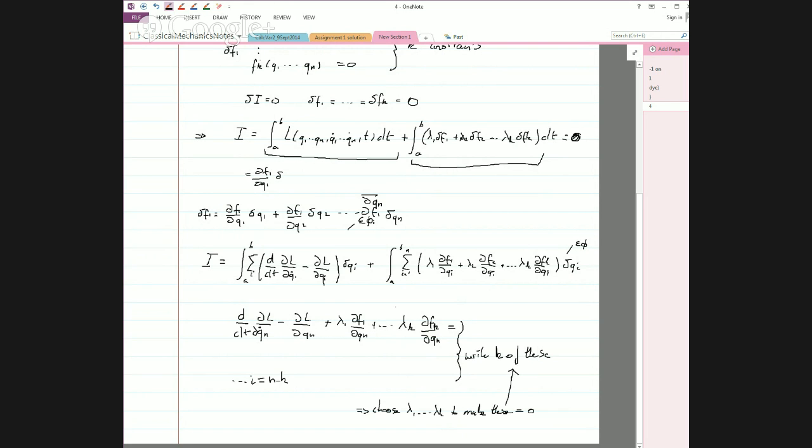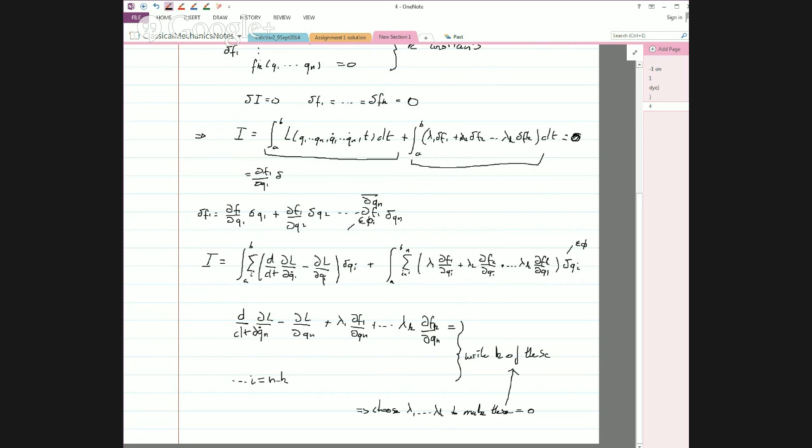And then the remaining n minus k terms, now those delta q's can be varied independently, and those terms are identically 0. And then what you find is that these terms now are all the same between the k last terms and the first n minus k terms. And that's, of course, the whole point of Lagrange multipliers.